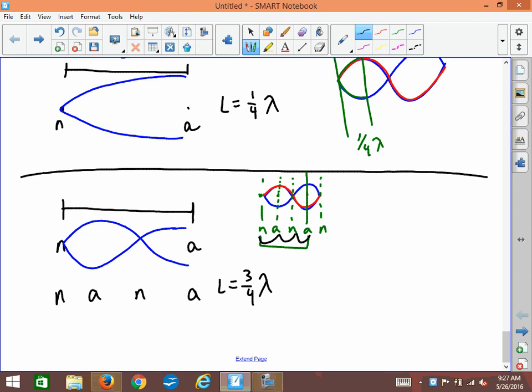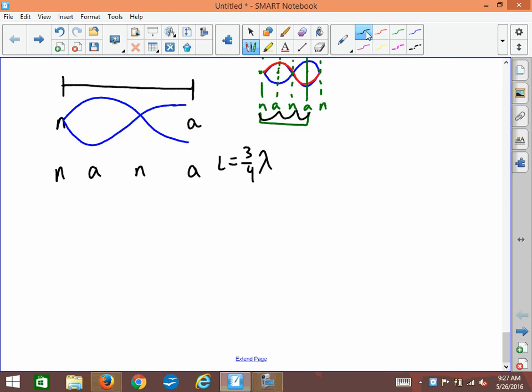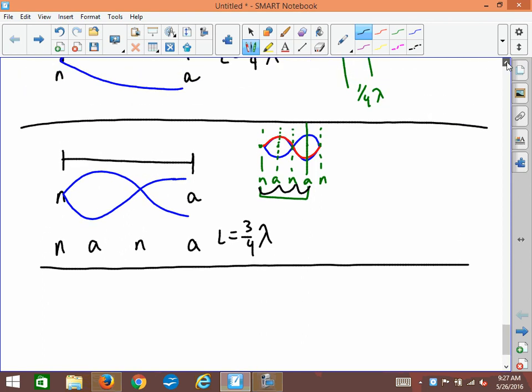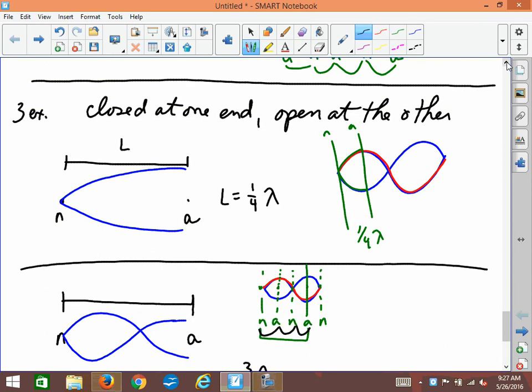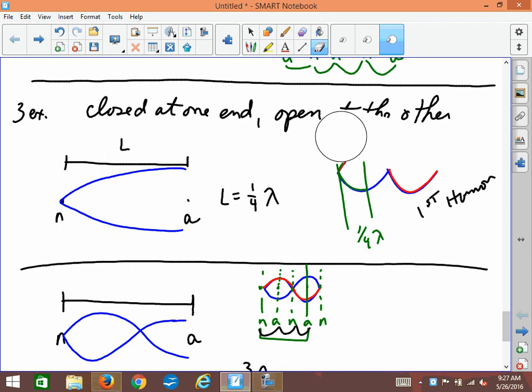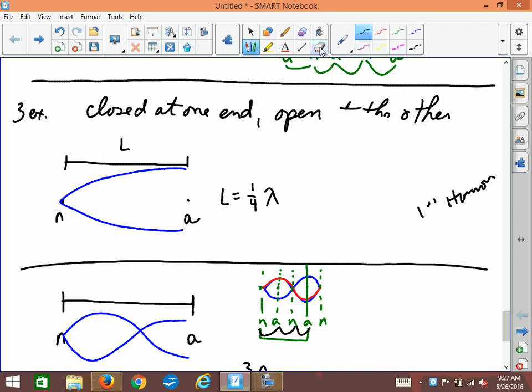All right, let's do a couple more, see if we can see an emerging pattern. Let's do the next one. I neglected to write here, I'm kind of shortcutting, but this would be called the first harmonic. Okay, we can actually eliminate this picture because this was just there to show you. This is called the first harmonic, so let me put that over here.